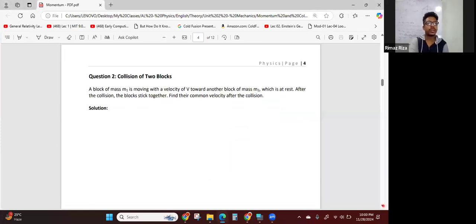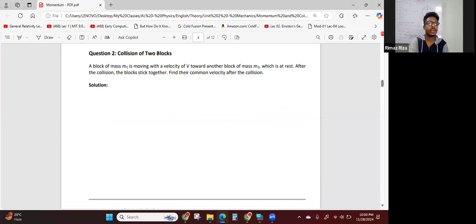Okay, so here's a similar question you have to do algebraically. A block of mass m1 moves with velocity v and collides with another block of mass m2 which is at rest. After the collision, the blocks stick together. Find their common velocity.